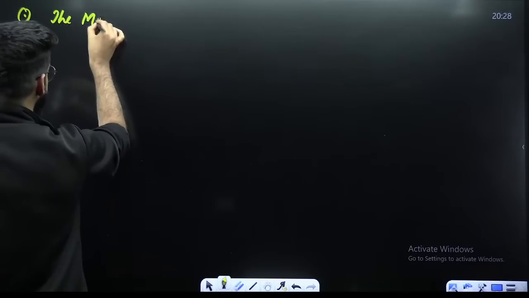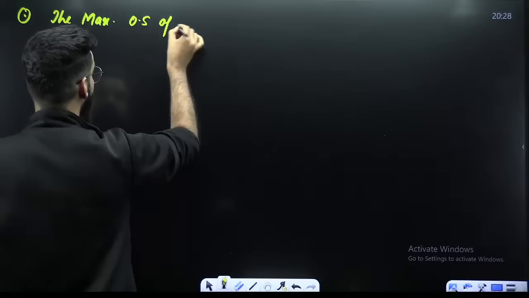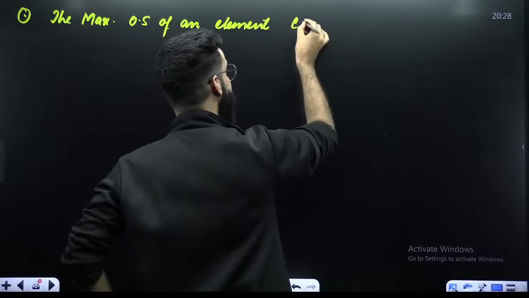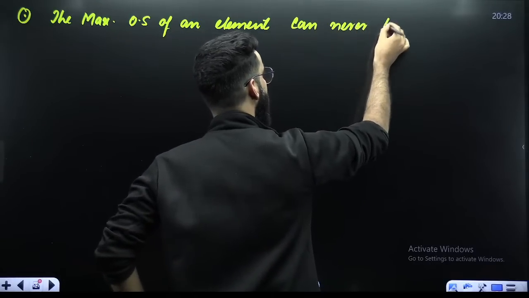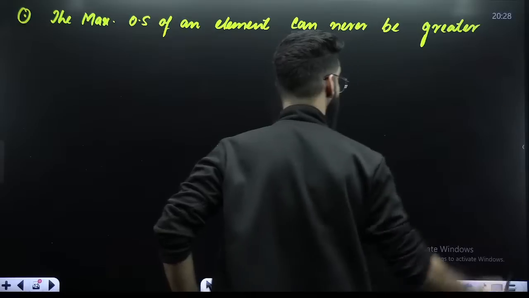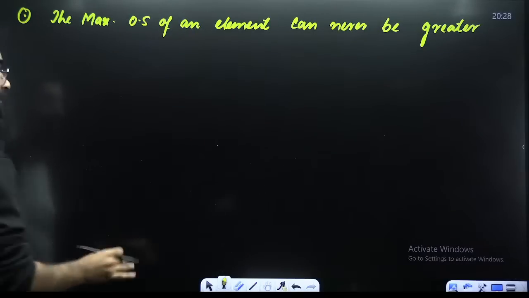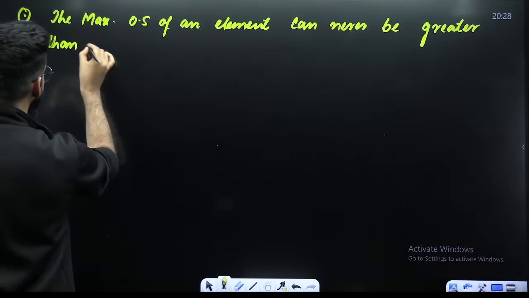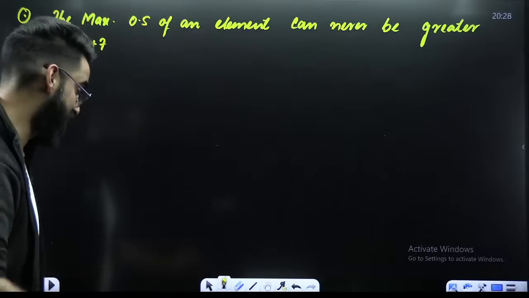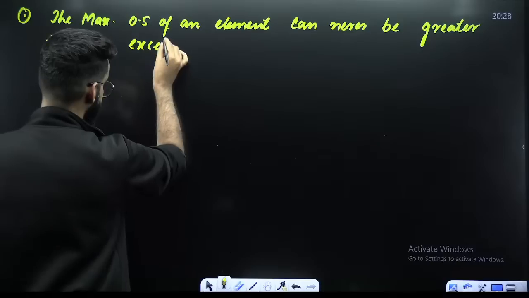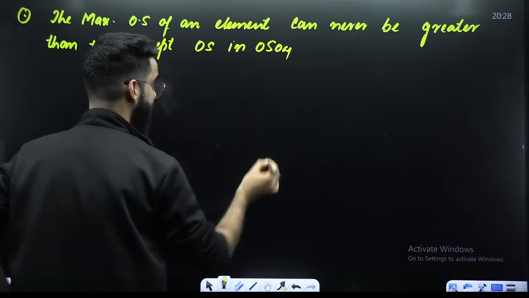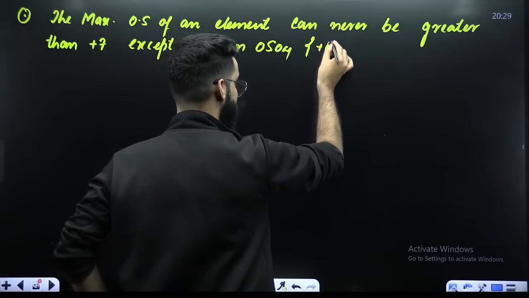The maximum oxidation state of an element can never be greater than +7, except osmium in osmium tetroxide, where the oxidation state of osmium is +8.